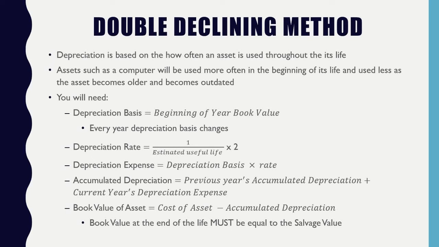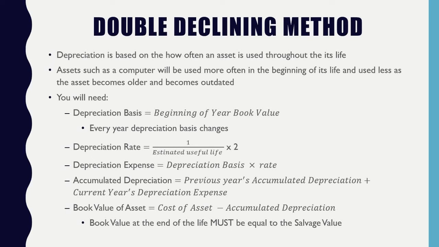When we're looking at technology, you're more likely to use it in the beginning of its life than towards the end, because the processor gets delayed, it takes too long to turn on, the battery is worn out, things like that. You end up using it more frequently in the beginning and depreciating it a lot quicker. So that's why you use double declining, meaning you depreciate it twice as much.